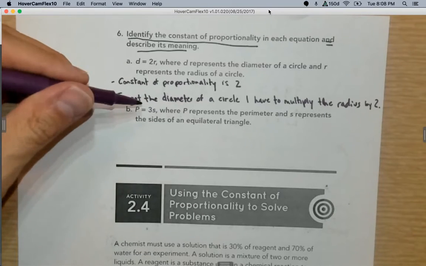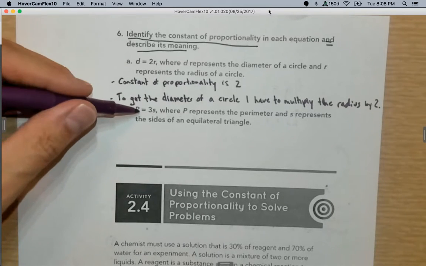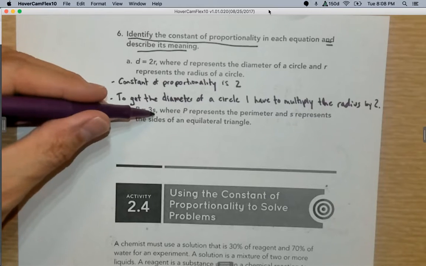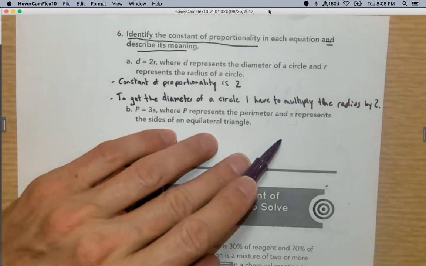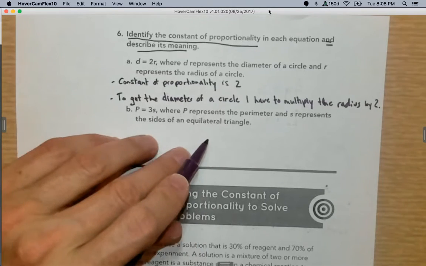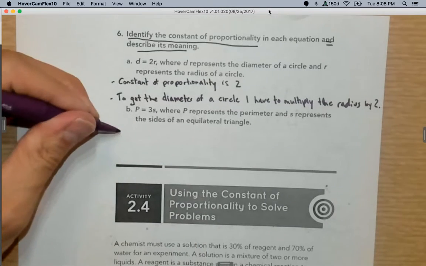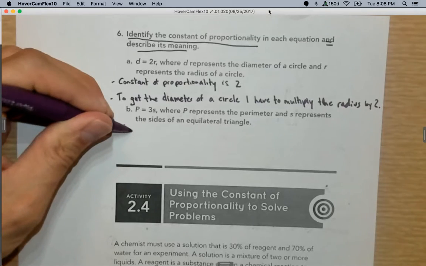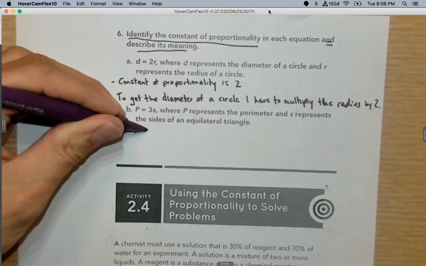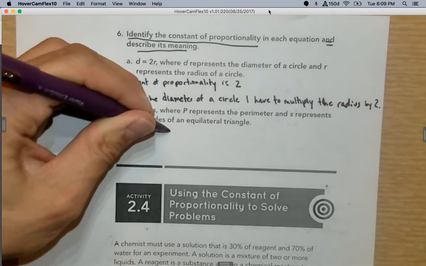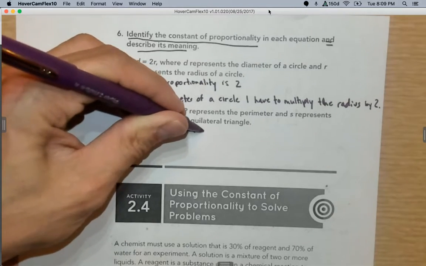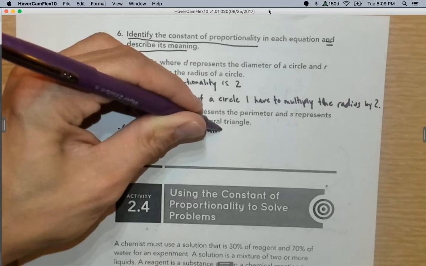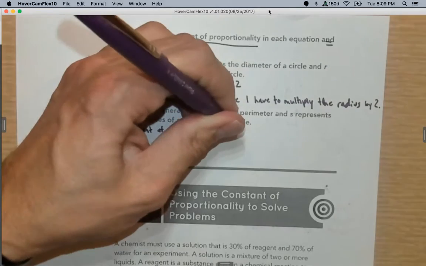Okay. In this one, P equals 3 times S, where P represents the perimeter and S represents the sides of an equilateral triangle. The constant of proportionality is 3 here.